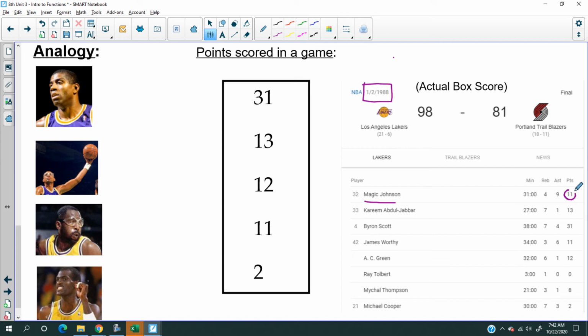In this case, Magic Johnson scored 11 points. Now, the second best player in the team, possibly, is Kareem Abdul-Jabbar, and he scored 13 points. The third best player in the team is James Worthy, and he scored 11 points.